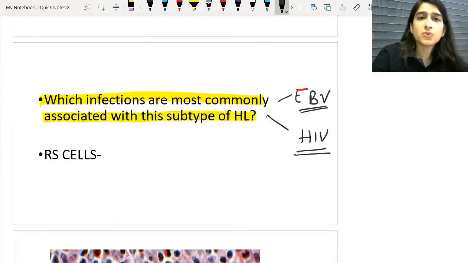These are the two viral infections which are most commonly associated with this subtype. The question can be asked the other way as well, that HIV and EBV are most commonly associated with which subtype of Hodgkin lymphoma? Then our answer will be mixed cellularity type of Hodgkin's lymphoma.